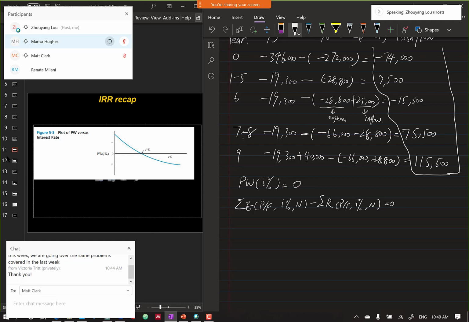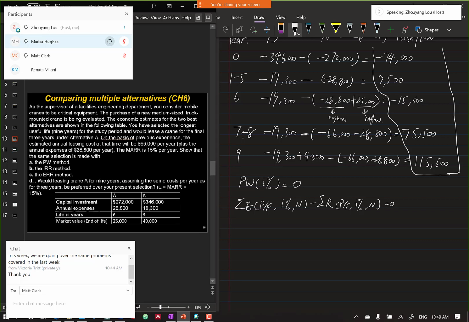So that's the abstract form. Now we just plug in what we have for each year. Starting from year 0, that's just minus 74,000.